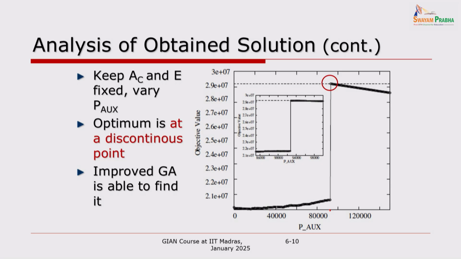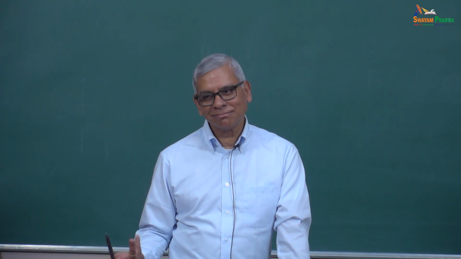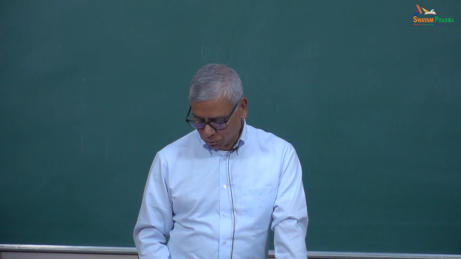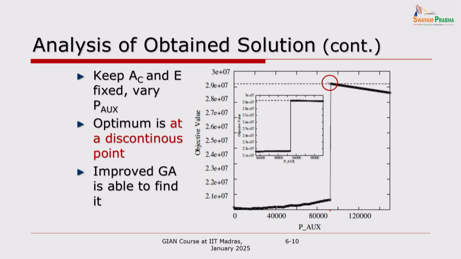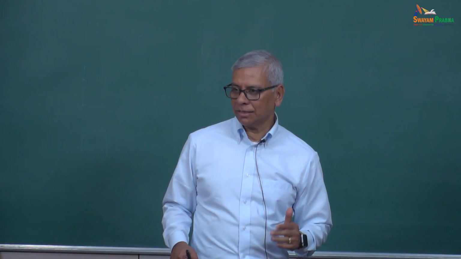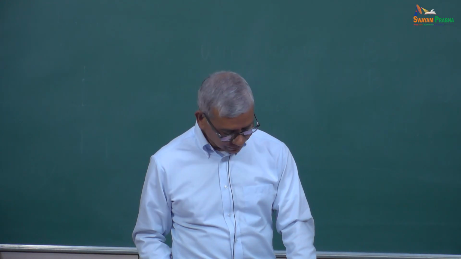So if you are taking a derivative of this kind of problem, it doesn't exist, right? So you need a derivative-free method for it to work, but we are getting to this optima with this method anyway. And then the third variable, when I vary it, hits the upper bound, and many algorithms cannot handle it very well if the optimum lies on the boundary. But our methods have not much of an issue.